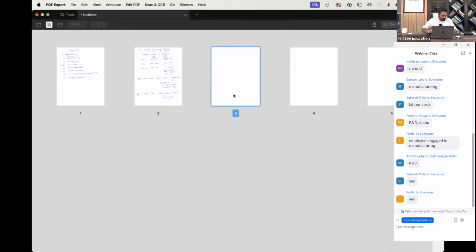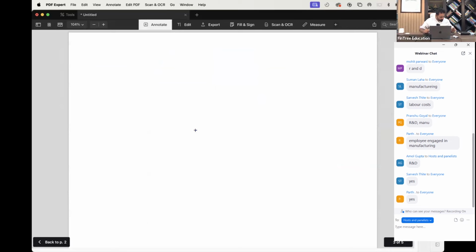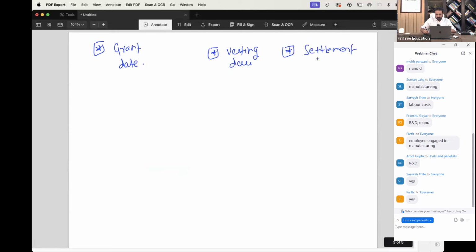Nothing fancy here. Then there are 3 terms we need to discuss in this section, and these will be repeated multiple times. There is something called a grant date. Then there is something called the vesting date. And then there is something called the settlement date. Can anyone tell me what grant date means?